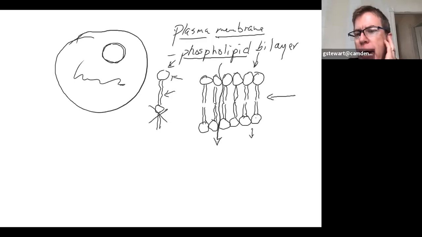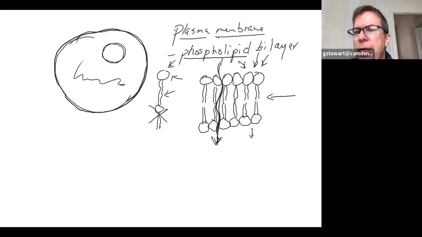So in my mind, what I always say to myself is water soluble things, and they tend to be polarized themselves, can't really get through. It's not that they don't ever get through there, they need help getting through there. But lipid soluble things, fat soluble things tend to slide right through. So that's first and foremost the structure of the plasma membrane. And this arrangement goes all the way around the cell, that phospholipid bilayer.